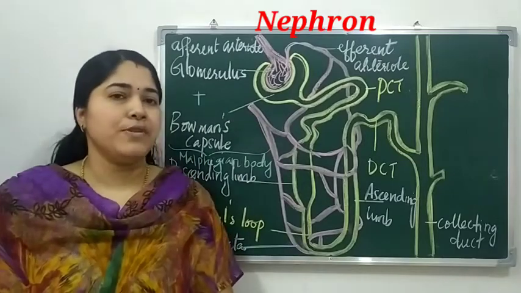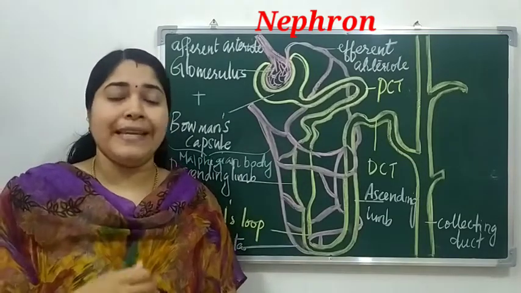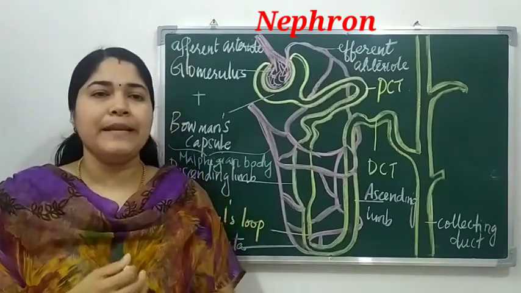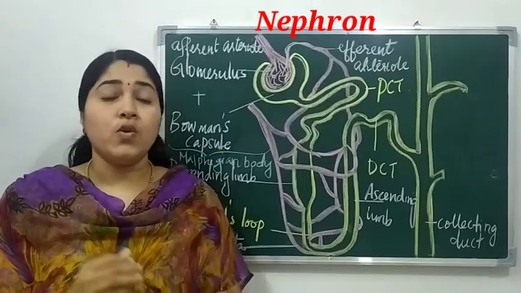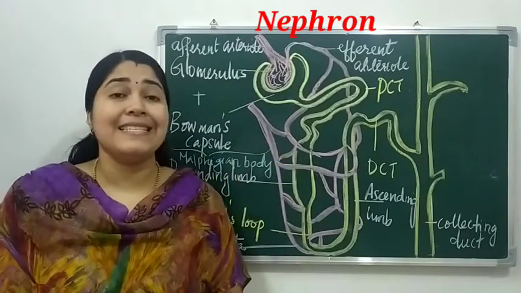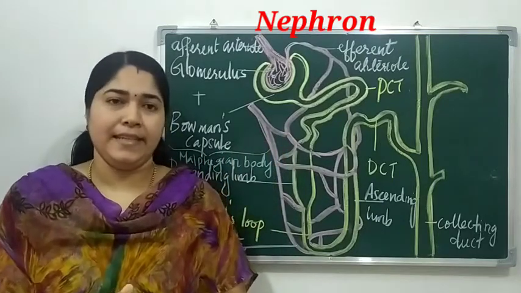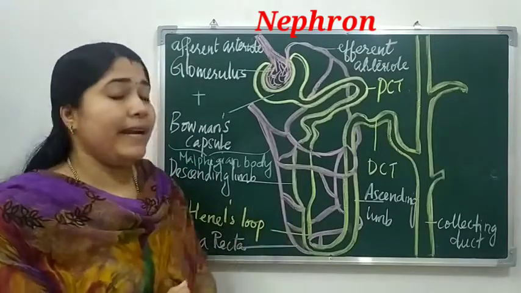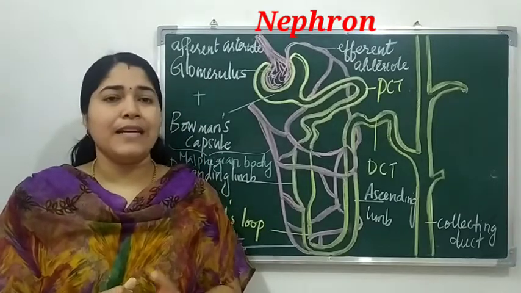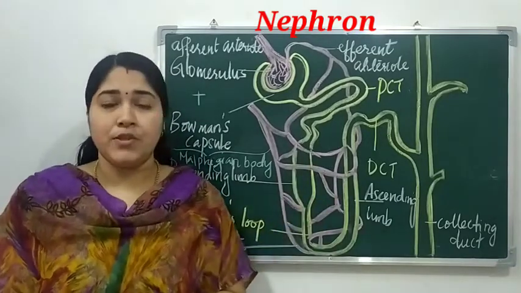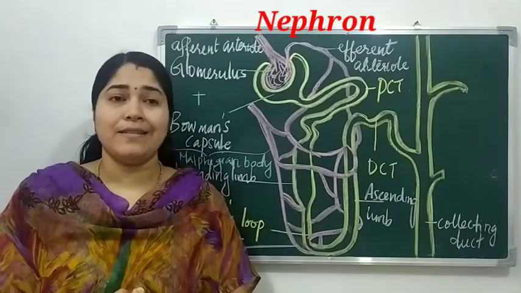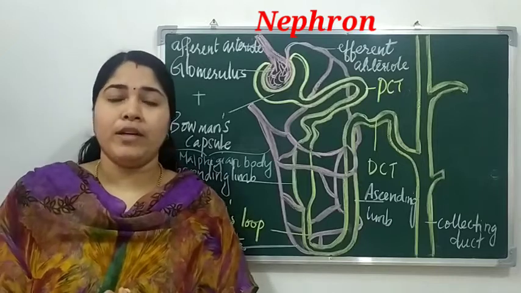In the previous class we studied the regions of the kidney: the outer layer is called the cortex and the inner part is called the medulla. Whereas the loop of Henle is present in the medulla region of the kidney. So these are the parts of the nephron. As you know, the basic unit of the kidney is the nephron, and within each kidney millions and millions of nephrons are present.